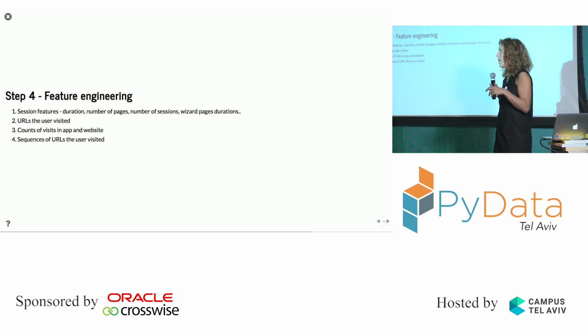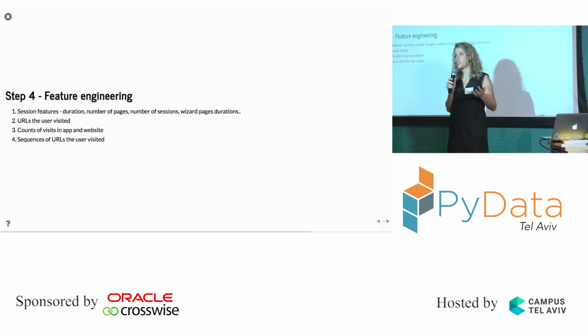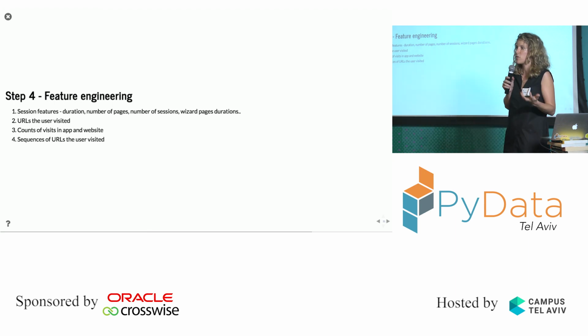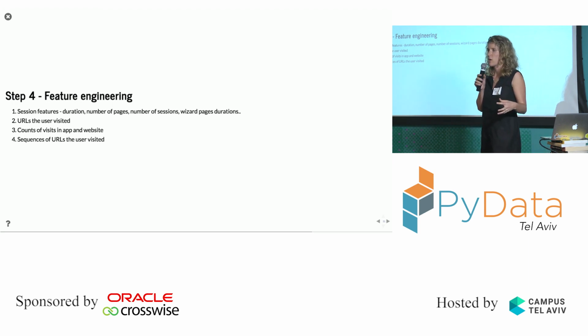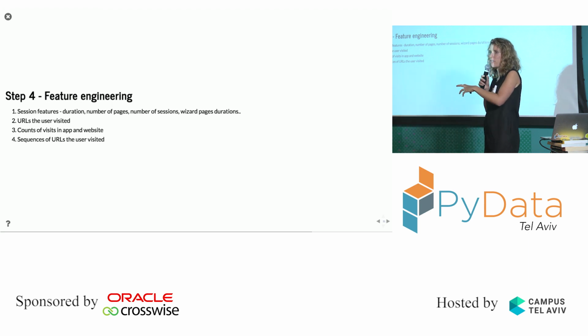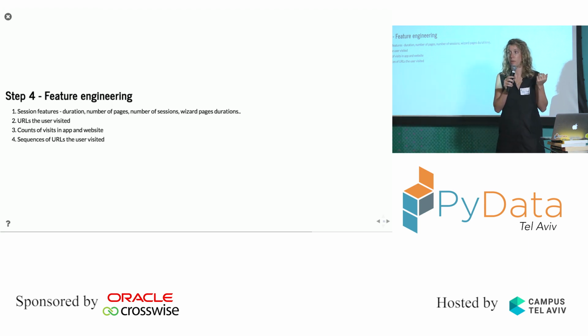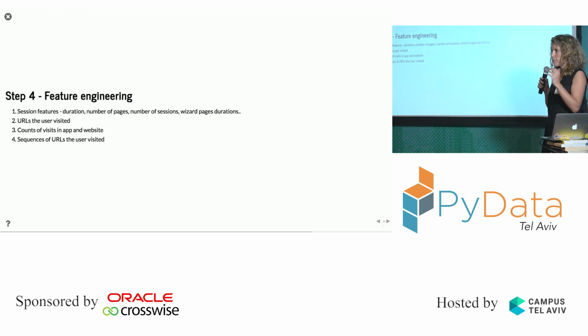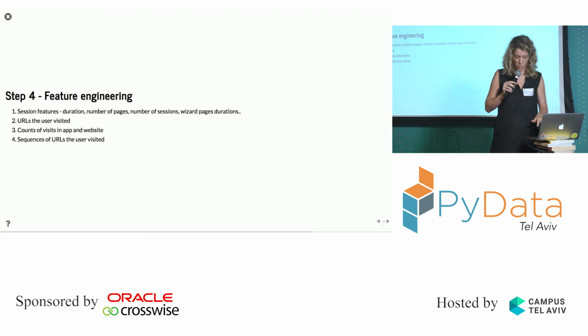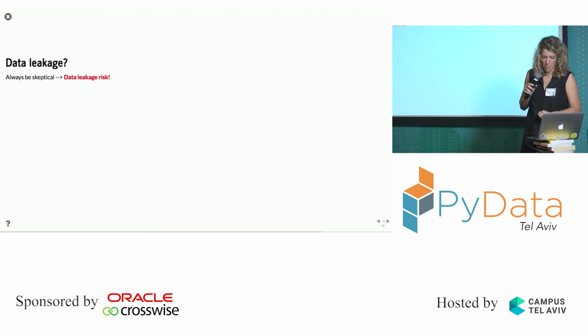I got the motivation to do it from the experiments we did with Markov chains, because Markov chains is actually looking at the transitions between URLs. So because I saw that Markov chains were partly useful, I thought that this kind of feature can help and give some more interesting information. And I built these features in a similar way to what I did with the URLs the user visited. So I won't show it.